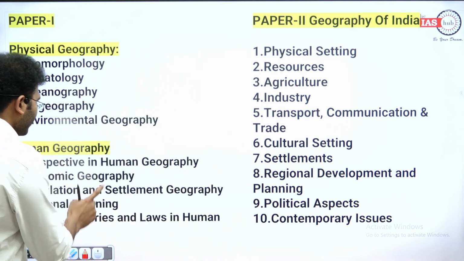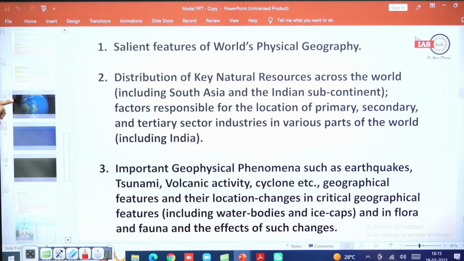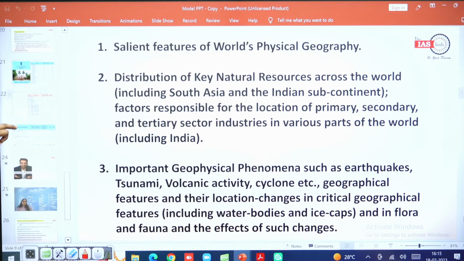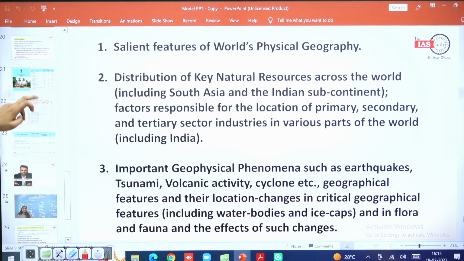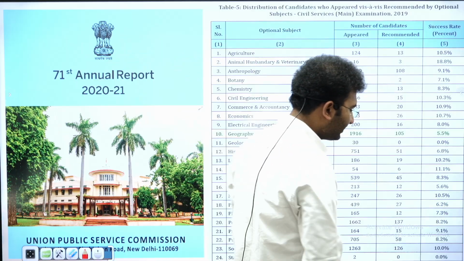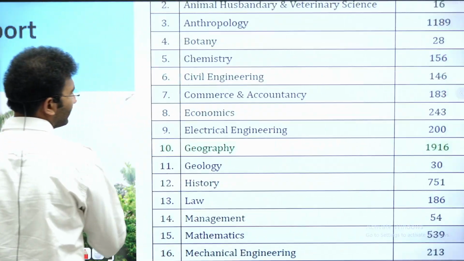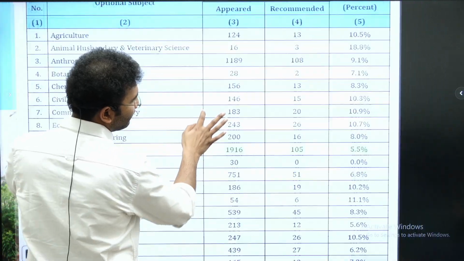Come back. There are also some misconceptions among the students that this particular subject has a low success rate. See, I also would like to tell you that success rate is a misconceived principle which most of the students have in their mind.